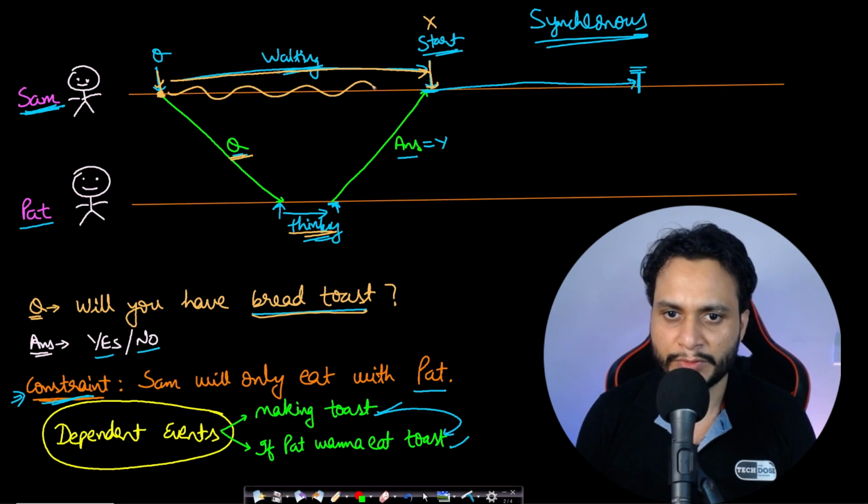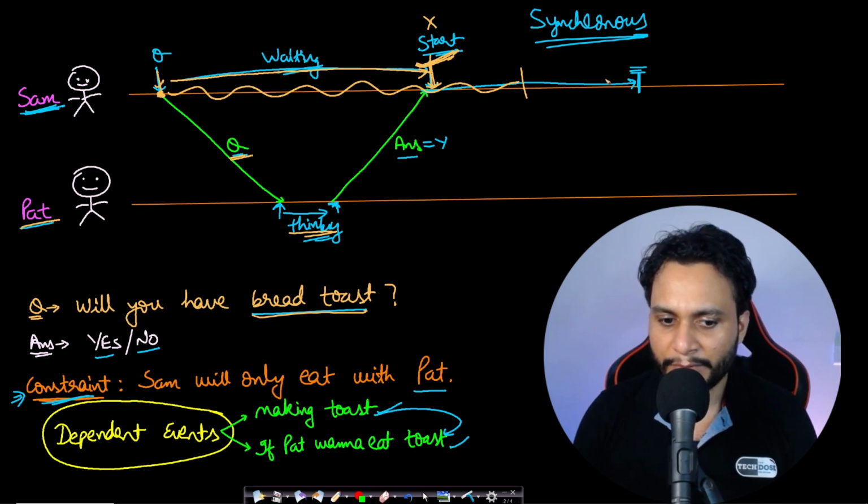As soon as he receives the answer from Pat, if he receives no, then his job will be done till this point only. And if he receives a yes, then he can also make bread toast for Pat and may be done even before time. So the two events, making the toast by Sam and the answer given by Pat, are not dependent.